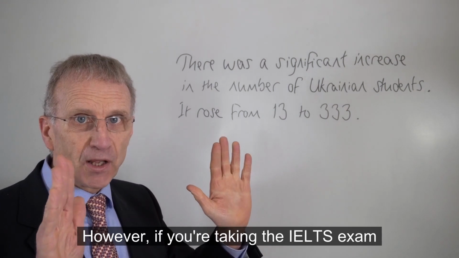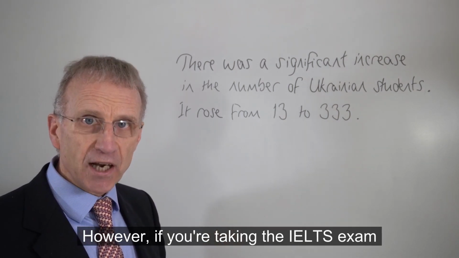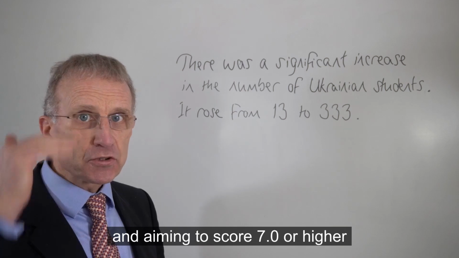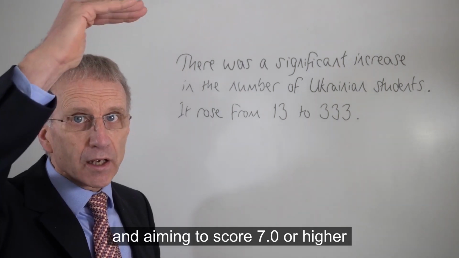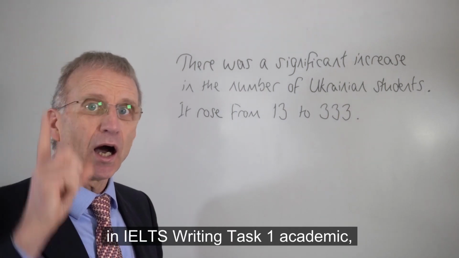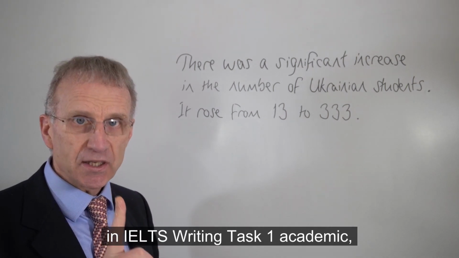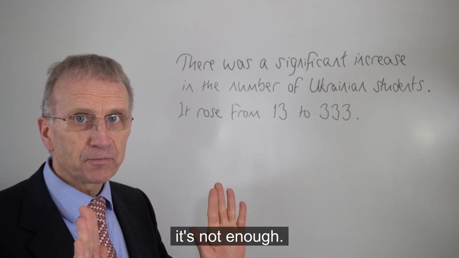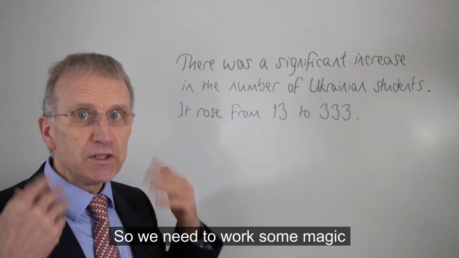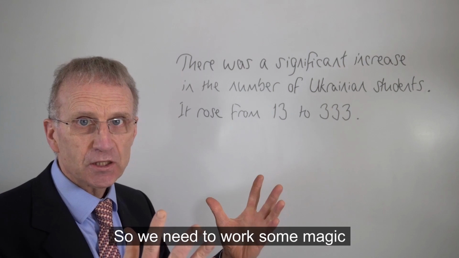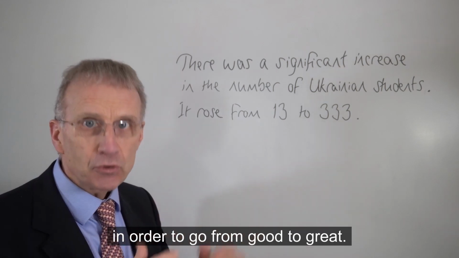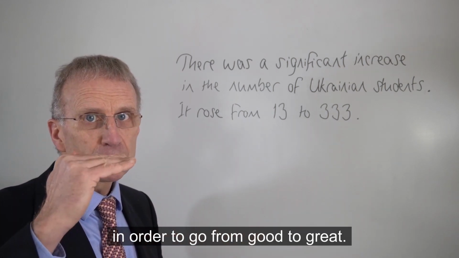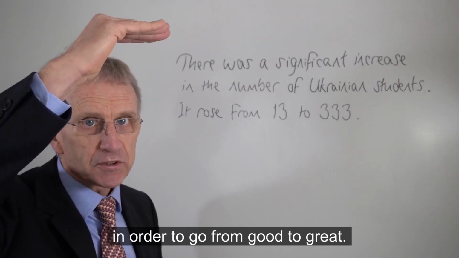However, if you're taking the IELTS exam and aiming to score 7 or higher in IELTS Writing Task 1 Academic, it's not enough. So we need to work some magic in order to go from good to great.